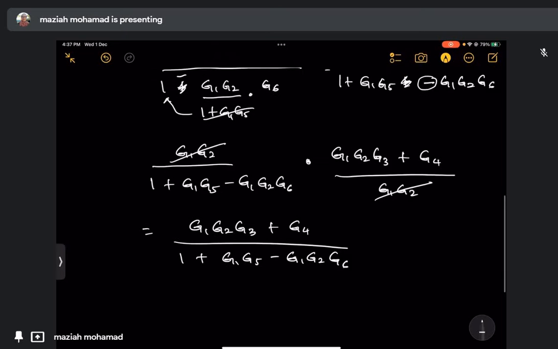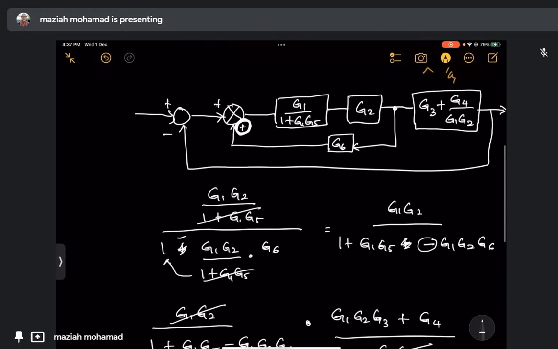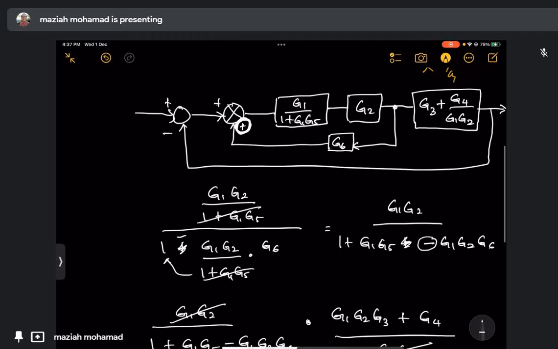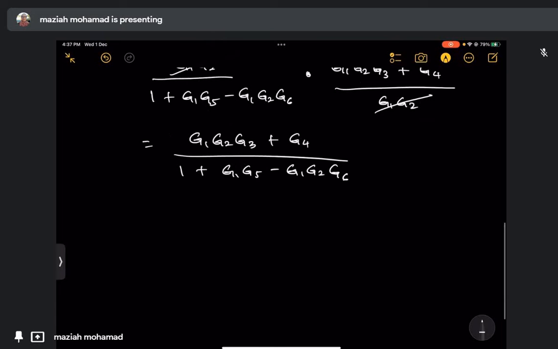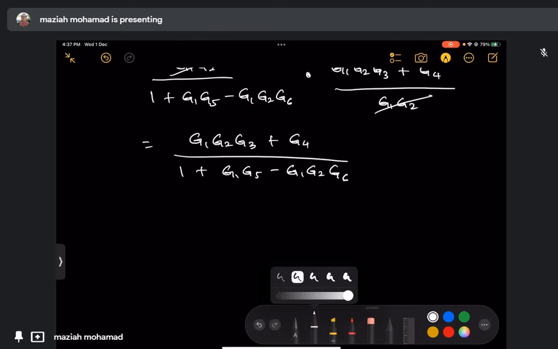Okay, then we're going to solve for the last loop, this one, the loop there. H is only 1.